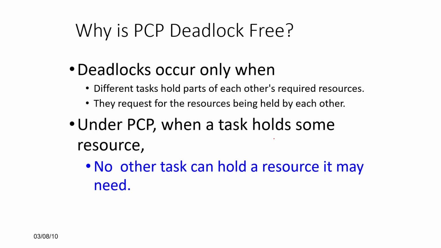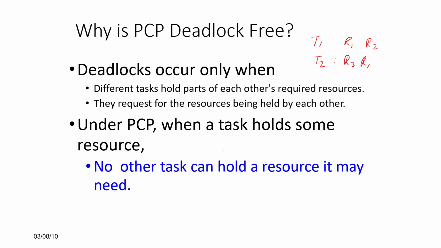So why is PCP deadlock free? Deadlocks will occur when different tasks hold parts of each other's required resources. The classic example is task T1 trying to lock R1 and then trying to lock R2, and task T2 trying to lock R2 first and then R1.